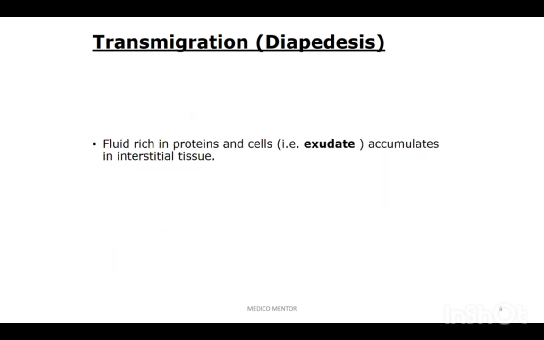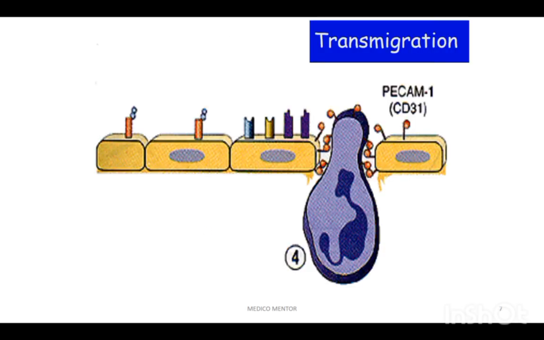Now, during the process of transmigration, not just the neutrophils move out of the blood vessel into the interstitium, but along with the neutrophil, there will be movement of the protein-rich fluid, which is called exudate.